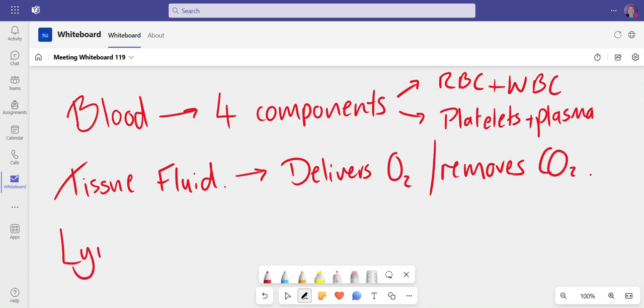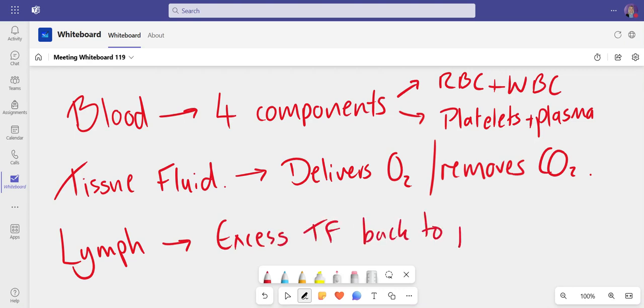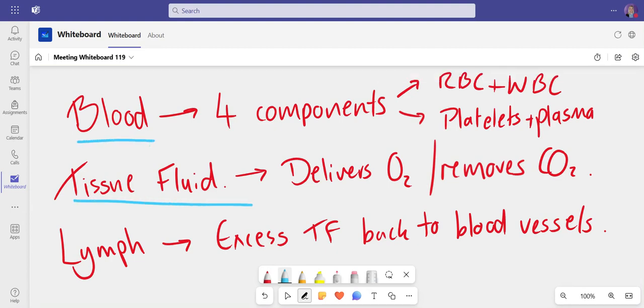And then we need to know a little bit about lymph and how our lymph then carries excess tissue fluid back to the blood vessels to complete the cycle. Okay, so we've actually got 3 liquids in our body: blood, tissue fluid, and lymph. So make sure you know the 3 of those.